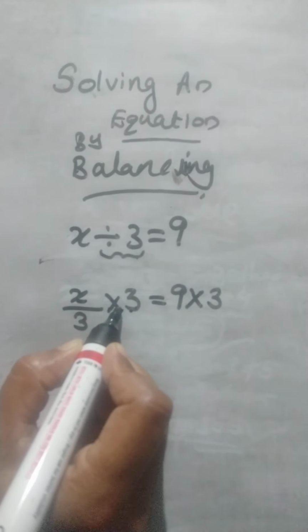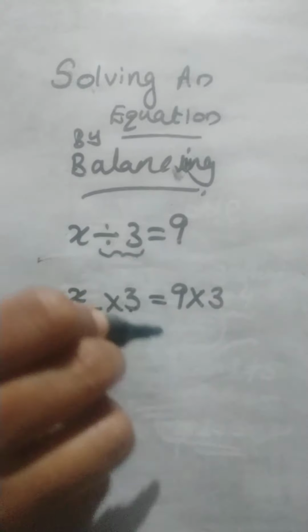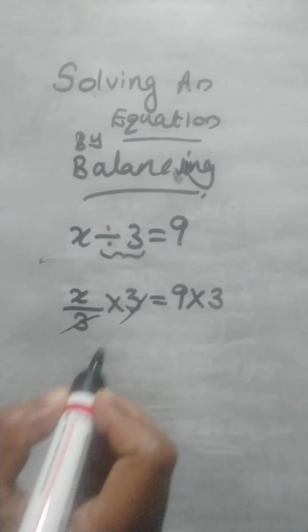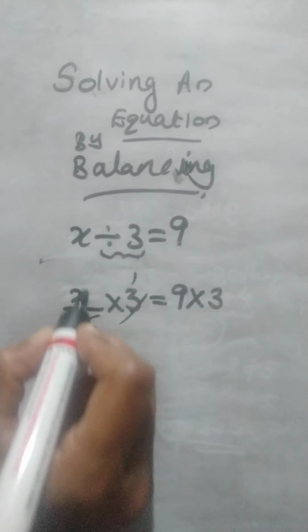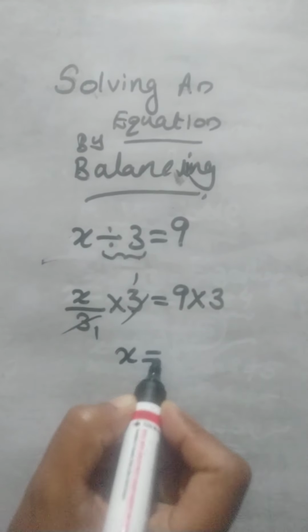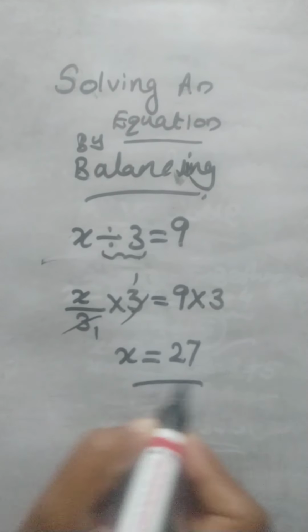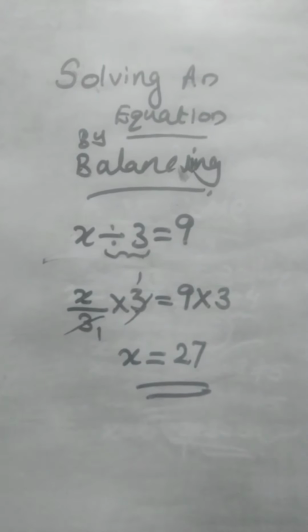The same number and the same operation we have to do here. So this 3 and this 3 cancel, leaving 1 and 1. x times 1 is x. Then 9 times 3 is 27. So the answer is 27.